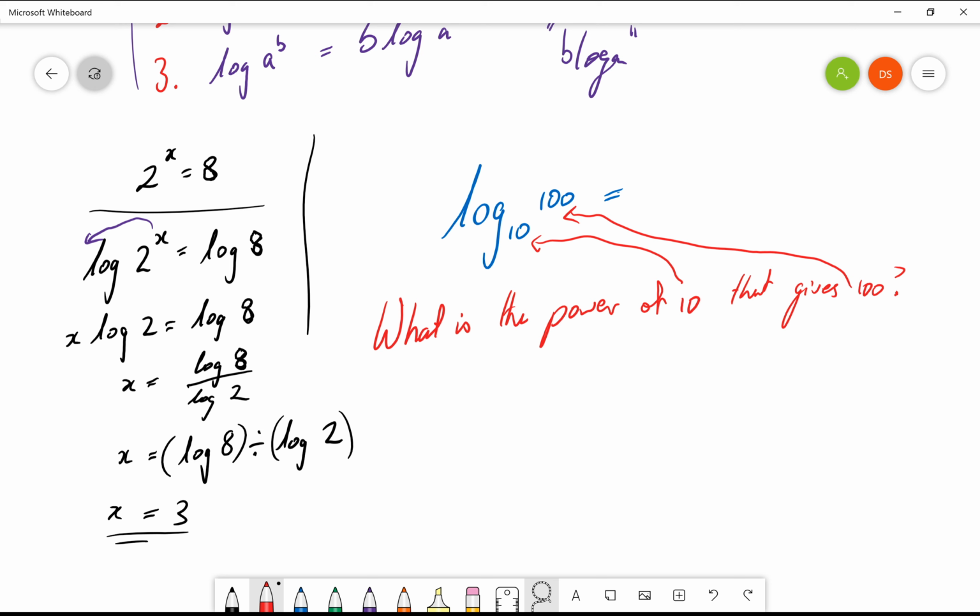What is the power of 10 that gives you 100? And the power of 10 that gives you 100 is 2. Okay, and that's all logs are. Logs are ways of asking for the power.